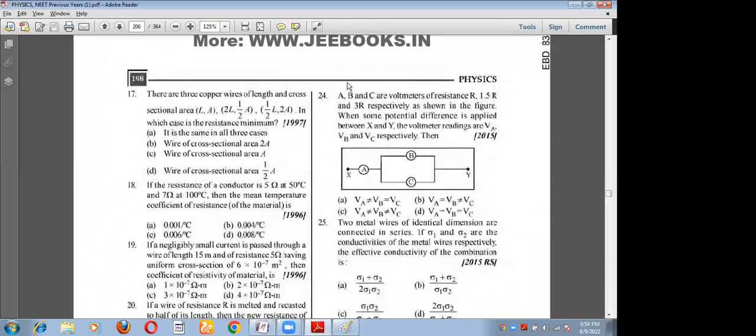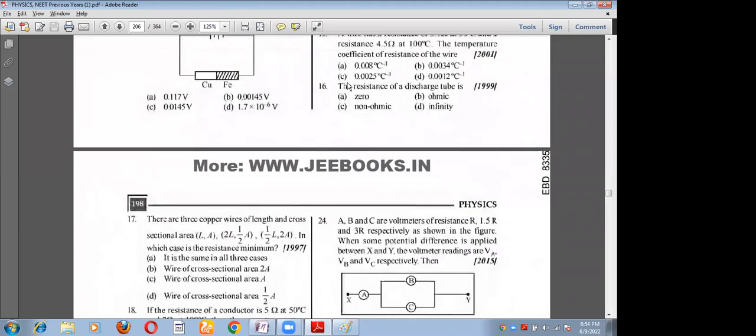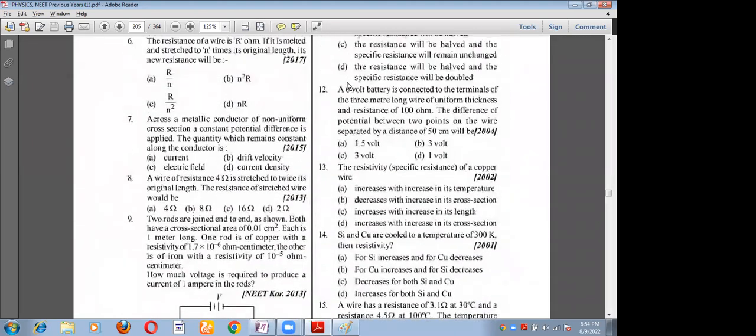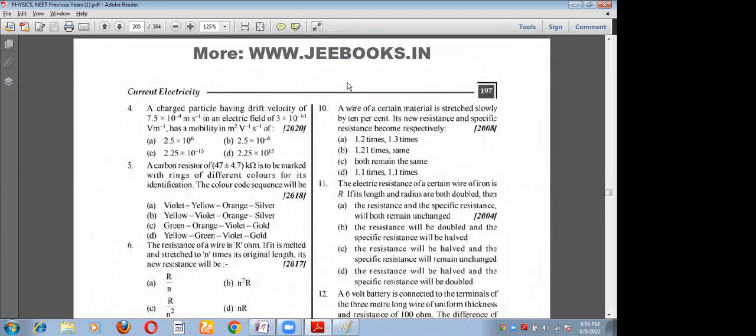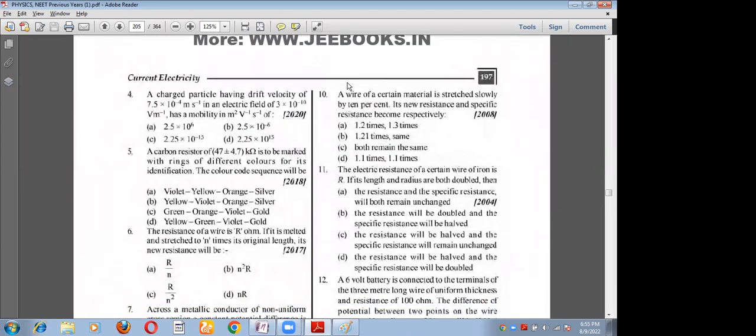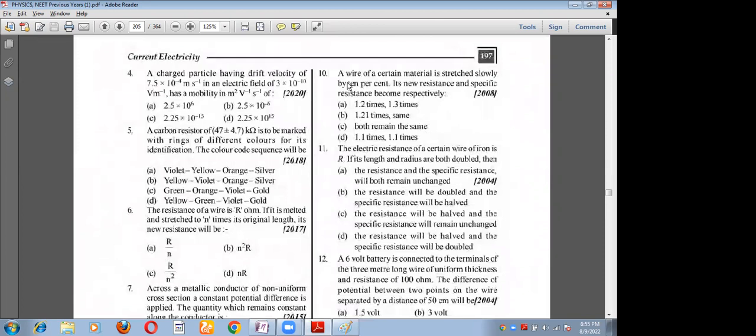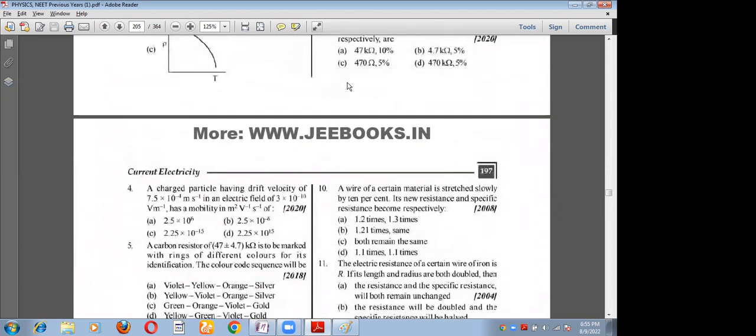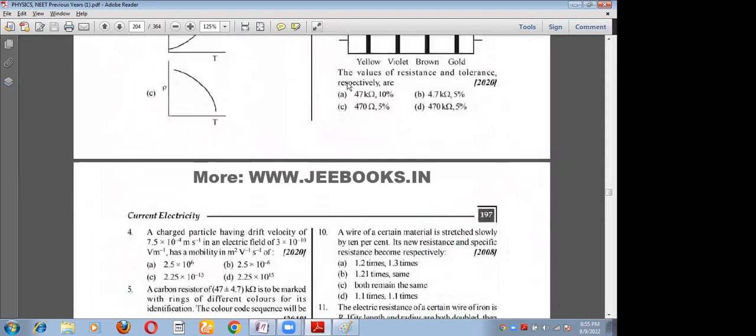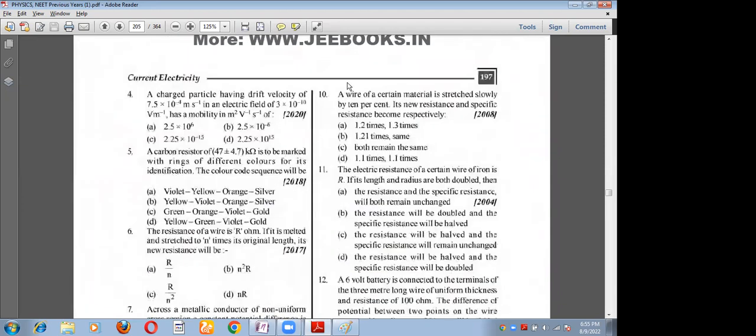So let us do question number 10. Let me do some latest question. Attempt question number 10.